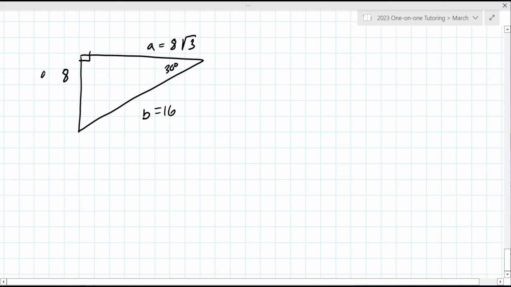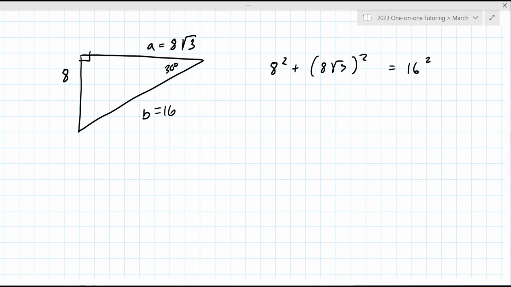Okay, now let's verify that the Pythagorean theorem actually works here. So is 8 squared plus 8 square root 3 squared equal to 16 squared? Let me see. 8 squared equals 64. So 64 plus 8 squared times 3.